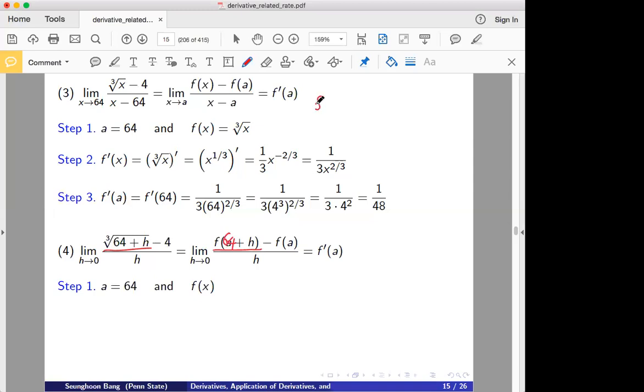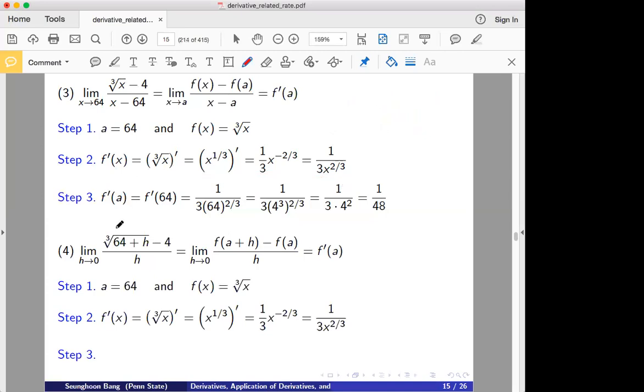A is 64. We can compare this one with this one. So f of 64 plus h is the cube root of 64 plus h. You can replace 64 plus h by x. F of x equals cube root of x. So same. Second step, exactly the same as the top one: take a derivative.